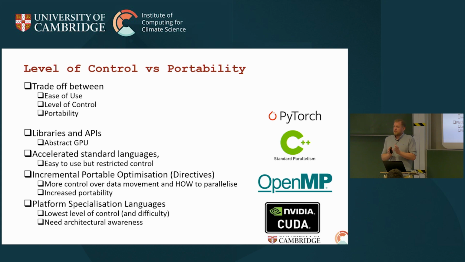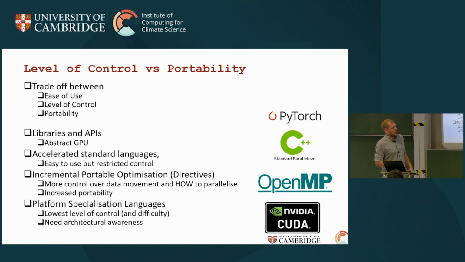OpenMP gives you increased portability, you can target different architectures, but it doesn't give you total control of the architecture. It doesn't give you access to the really low-level features of the architecture. To do that, you need a platform specialization language. So you need something like CUDA. There are some things that fit somewhere between these, like SYCL, which is really closer to an accelerated standard language but does give you quite a bit more control, and things like OpenCL.